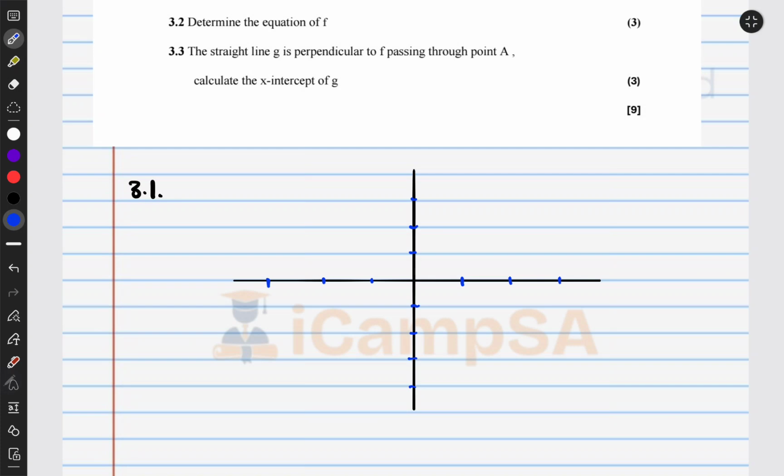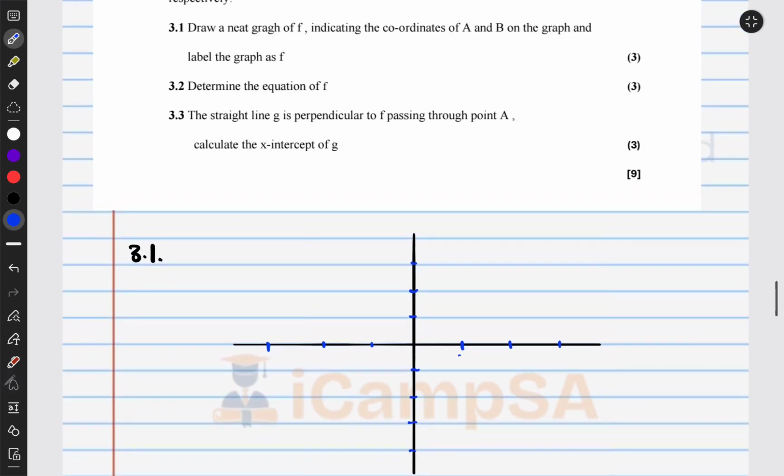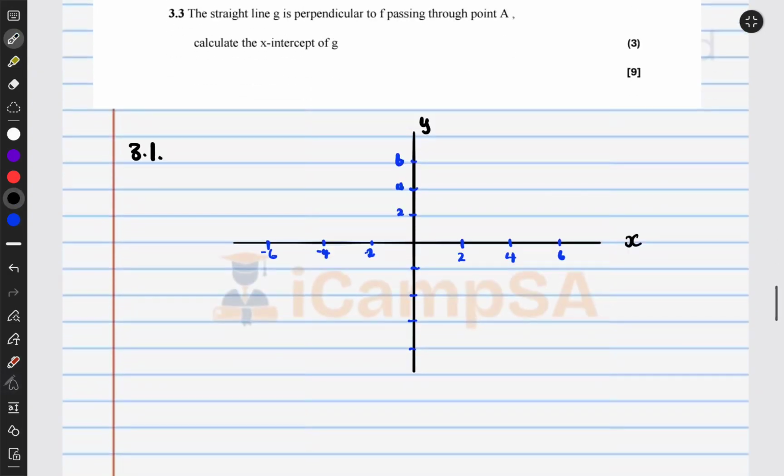So I'll use intervals of 2 instead of 1. So we'll use 2, 4, 6, and -2, -4, -6, and we also need to label our axes. This is the y-axis and this is the x-axis. Here we're going to have -2, -4, -6, -8.